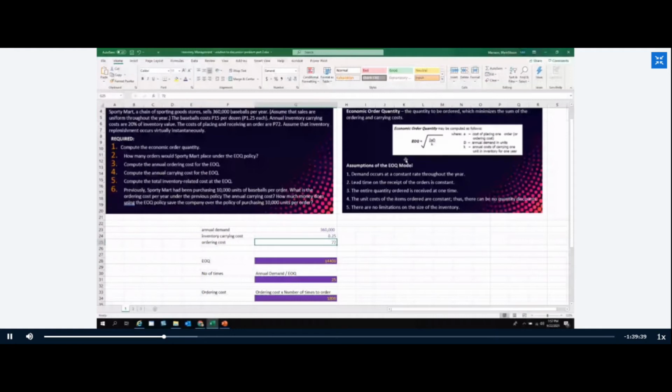O, so class, ulitin ko lang, no? So at this stage, I hope you are now familiar with the use of your calculator, especially that I'm doing my discussion in Excel. Of course, I'm also using formulas to aid me in solving these types of problems. But like I said, in your case, you have to be very familiar with the functionalities of your calculator.